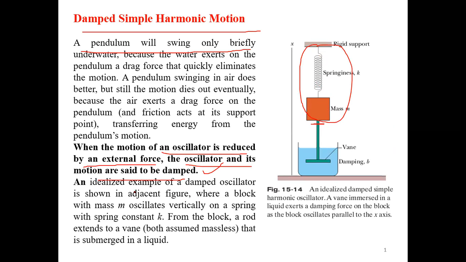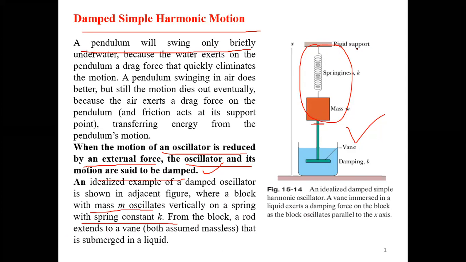An idealized example of a damped oscillator is shown in this figure, where a block with mass m oscillates vertically on a spring with spring constant k, and from the block a rod extends to a vane that is submerged in a liquid. This mass spring system we can consider a simple harmonic oscillator. When we connect this and dip it in the water, that acts as a damper. So this is the damped harmonic oscillator.